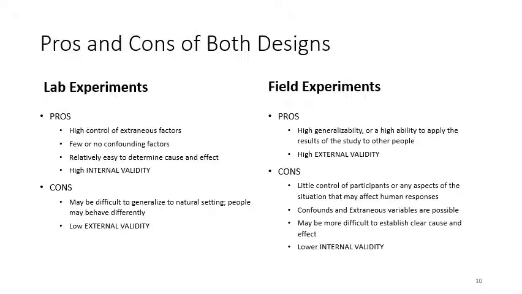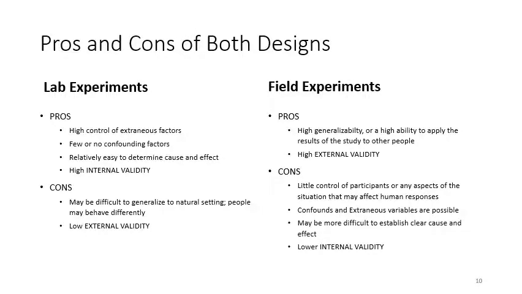So there are pros and cons of both. With lab experiments, there's a lot of control of extraneous factors, and by extraneous factors, we just mean other things that might impact people differently who are participating. And there are few or no confounding factors, and by that we mean factors that are likely to influence the behavior of the participants instead of what the researcher is interested in.